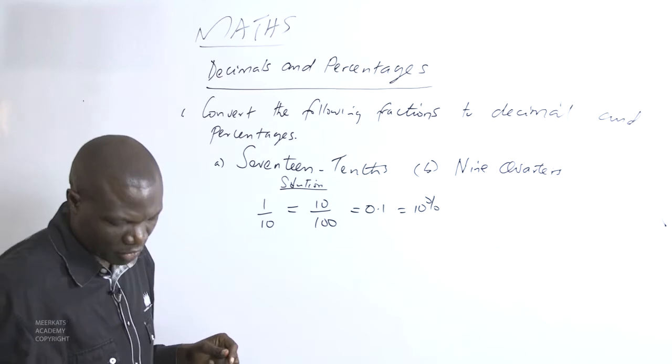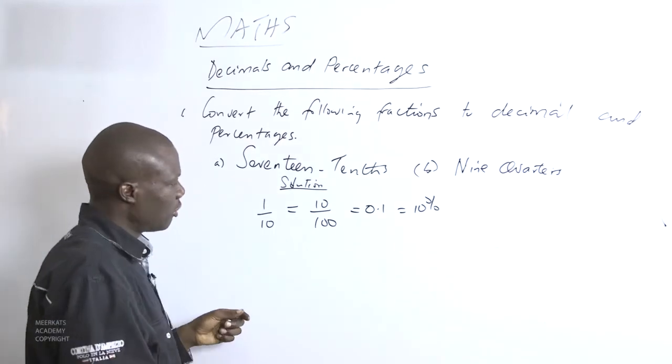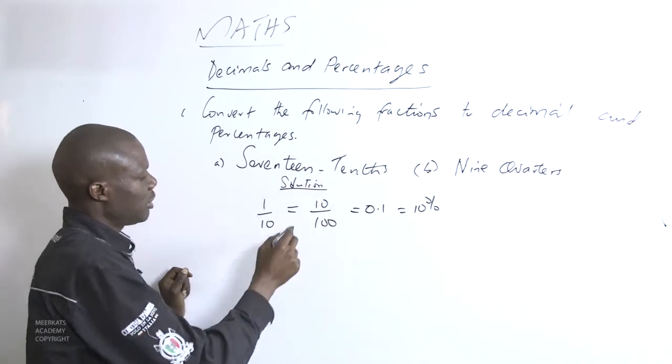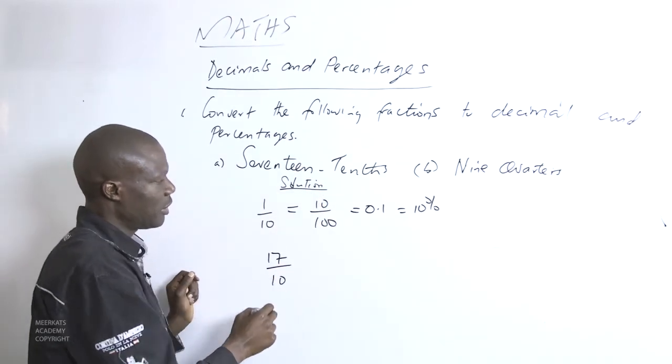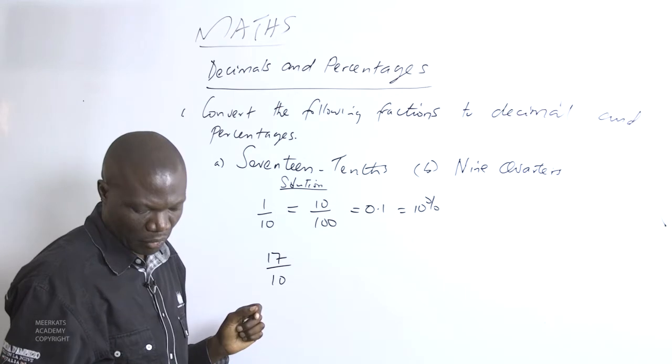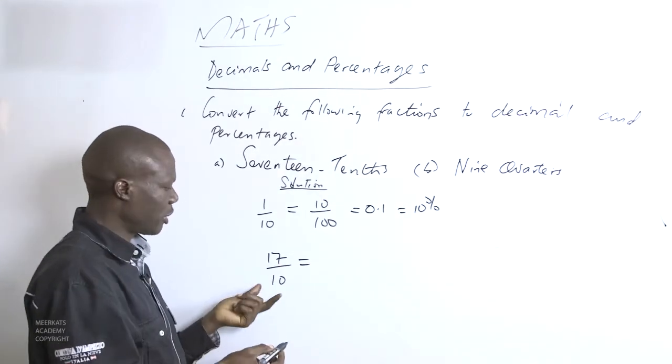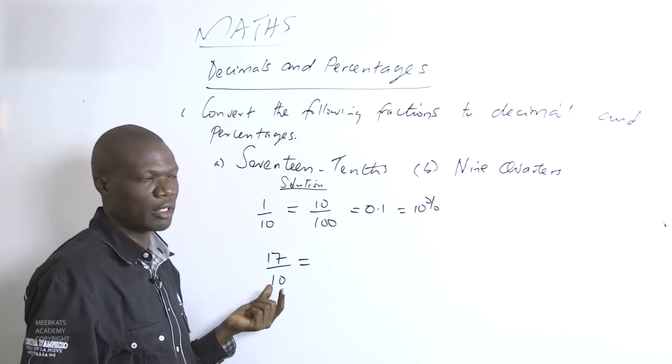Then it follows that for 17/10, we want to make the denominator 100.